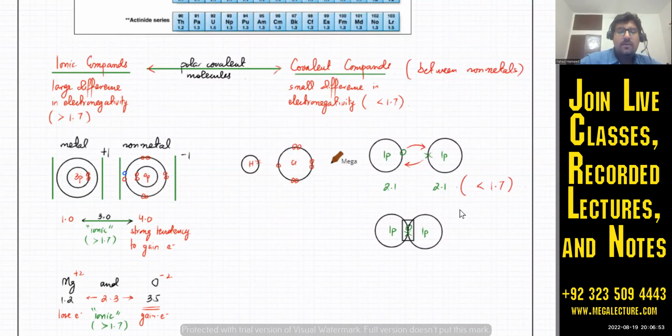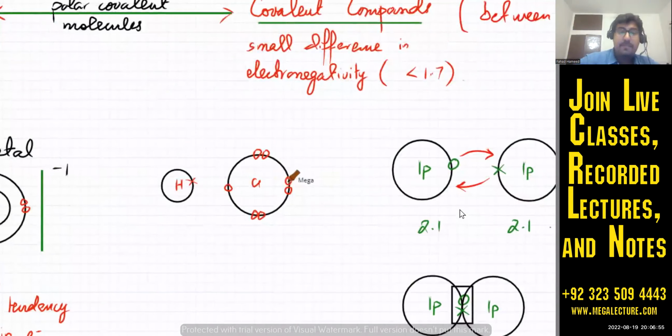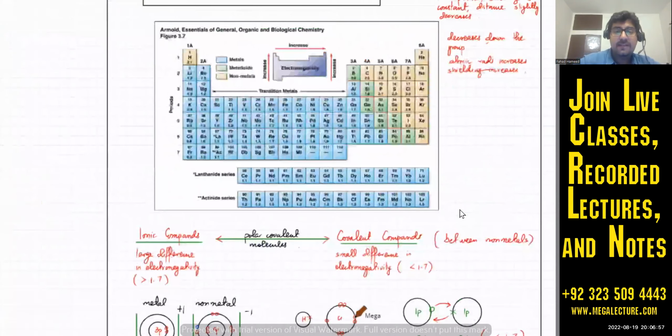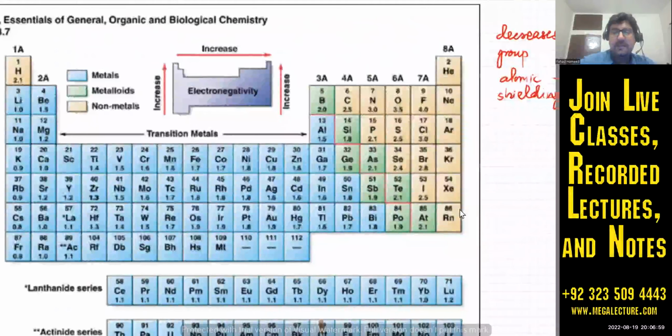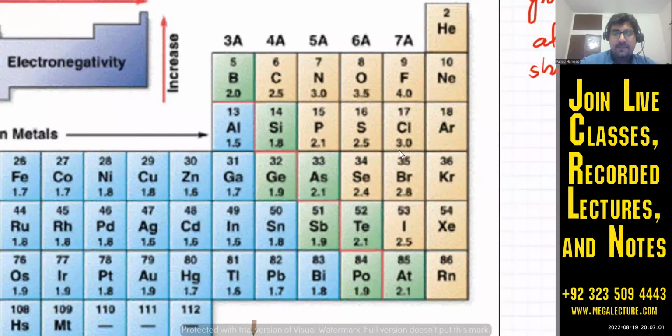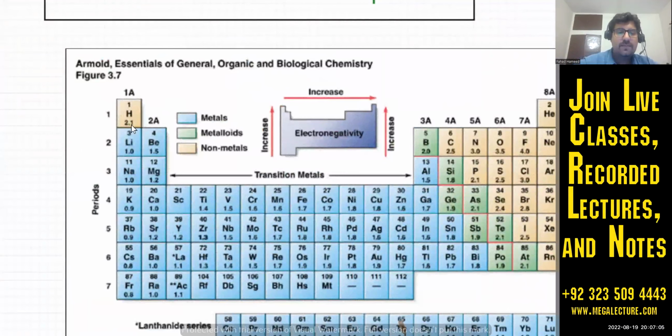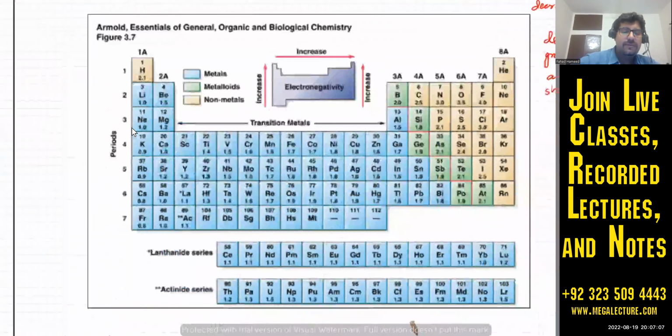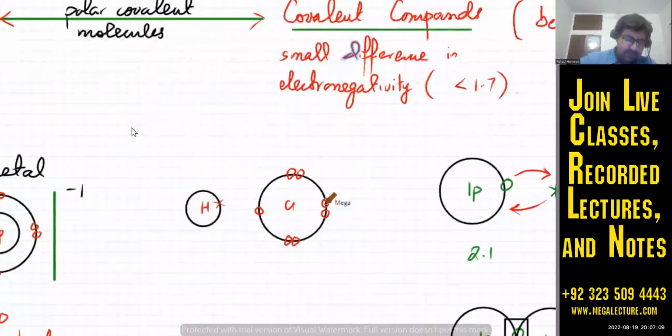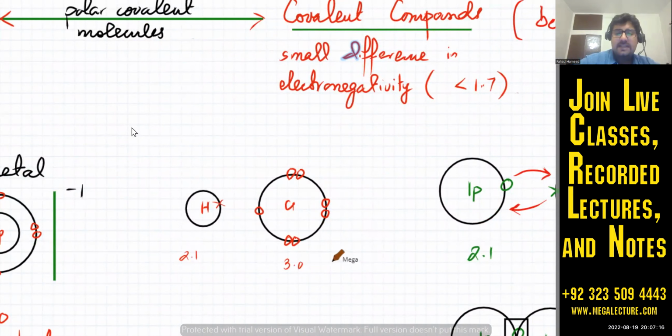Now, what will happen in HCl is that there is a difference in electronegativity. It's less than 1.7. Cl is 3, and hydrogen is 2.1. So the difference is obviously less than 1.7, right?